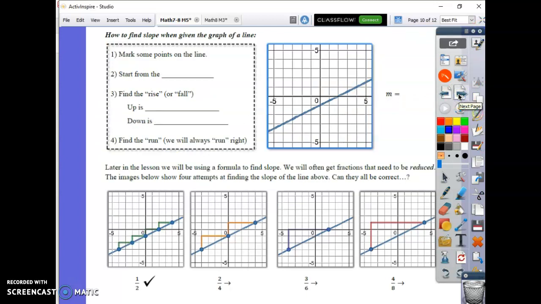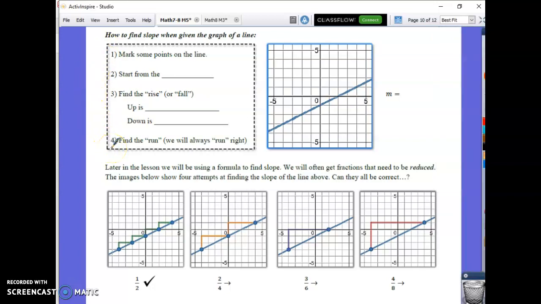Okay, how to find slope when given the graph of a line. It breaks it down into steps, and you guys know I like steps. Well, let's follow step 1. It says mark some points on the line. And they don't mean to start marking points wherever you feel like it.